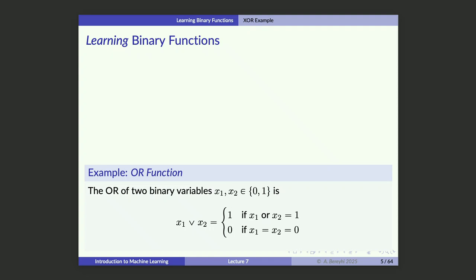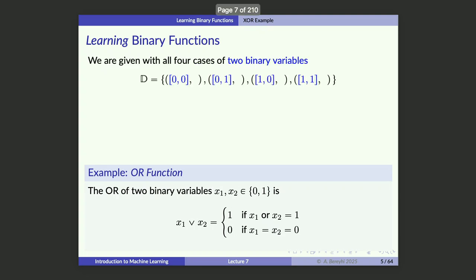So the problem is clear, right? This is the OR function. It is 1 if any of them is 1, and it's 0 if both of them are 0.